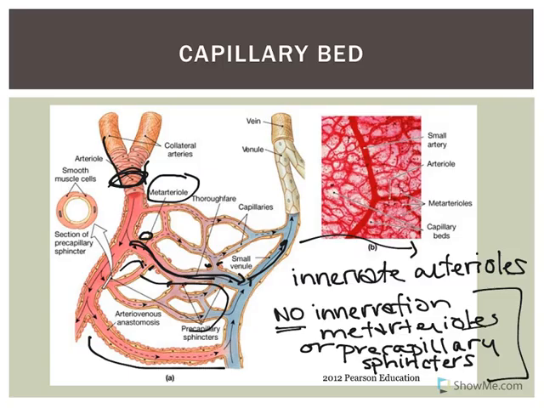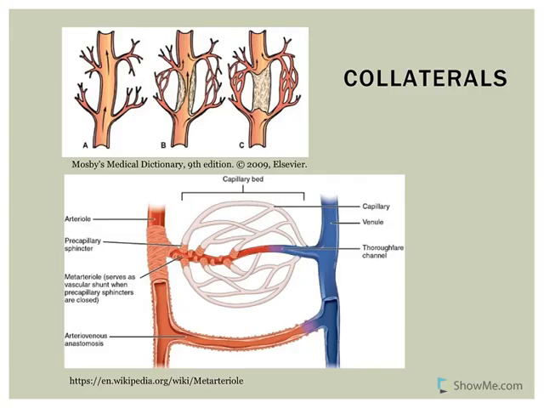Now we do have what are referred to as collaterals, and technically an AV anastomosis, which you see here, is an example of a collateral, but I want to talk specifically about collaterals that open up. When we say collaterals in general, we mean we have multiple ways that we can supply blood to an area.